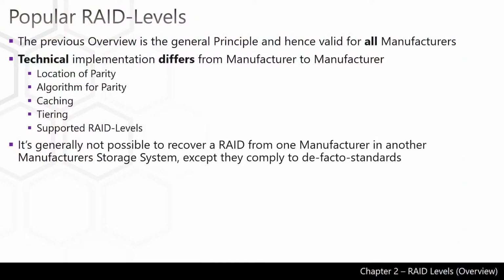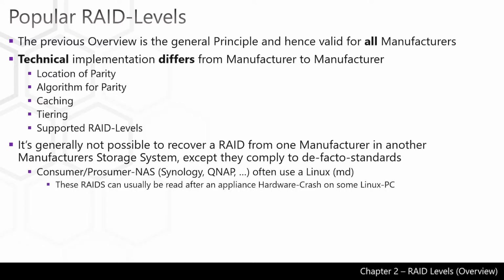It's generally not possible to recover a RAID from one manufacturer in another manufacturer's device or storage system, except they both comply to the same de facto standards, which is almost never the case. Consumer or prosumer NAS from Synology, QNAP and other brands often use a Linux system and MD, so it's basically a software RAID.